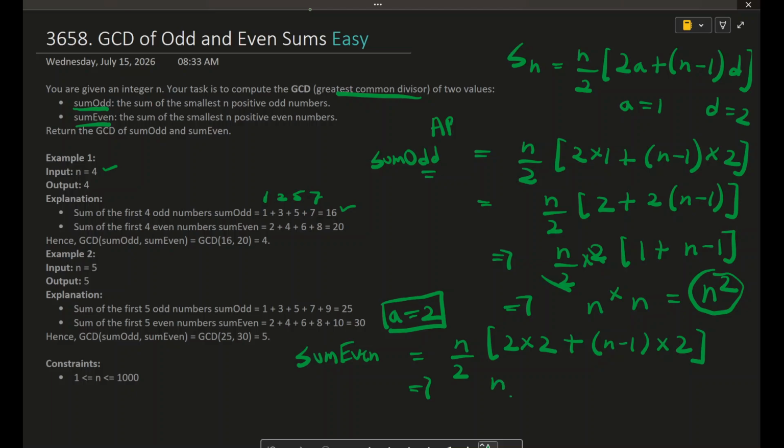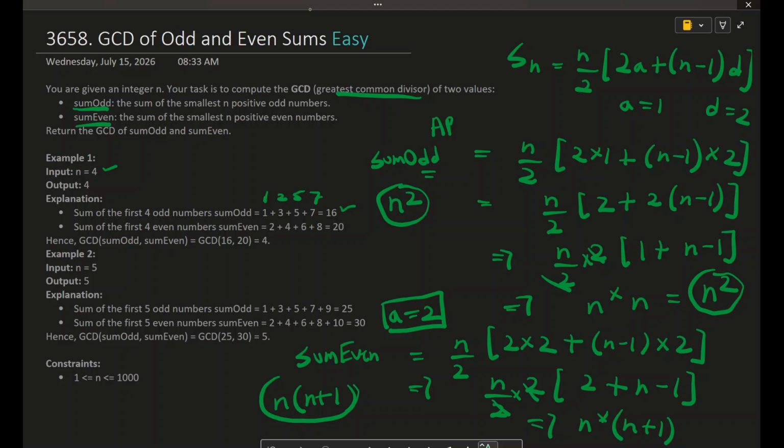If we take common factors, this 2 will get cancelled and we will remain with n into (n plus 1). So the sum of odd numbers is equal to n square, and the even sum is equal to n into (n plus 1). This is how we will find these two sums.